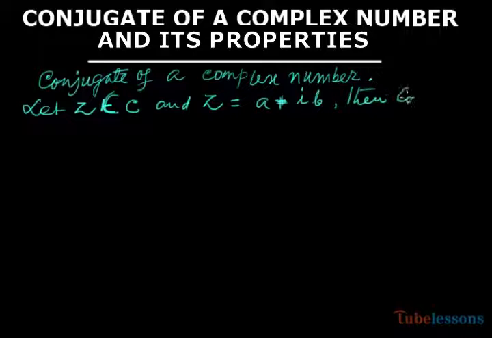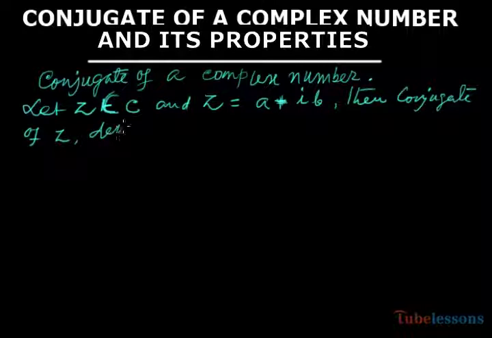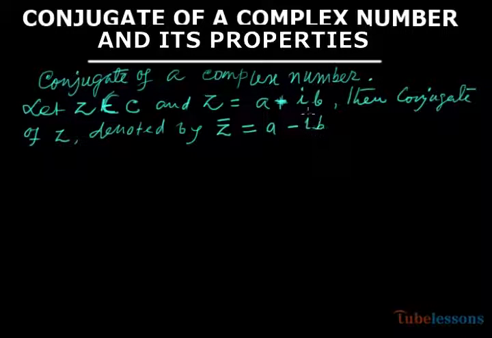Then the conjugate of Z, denoted by Z bar, is equal to a minus ib. So if Z equals a plus ib, then Z bar equals a minus ib. That means in the imaginary part, the sign is changed.